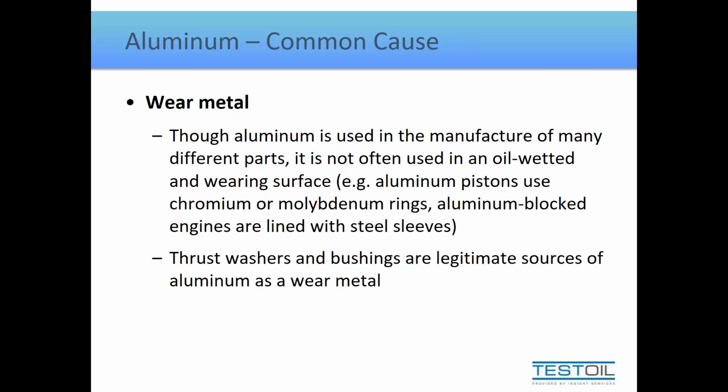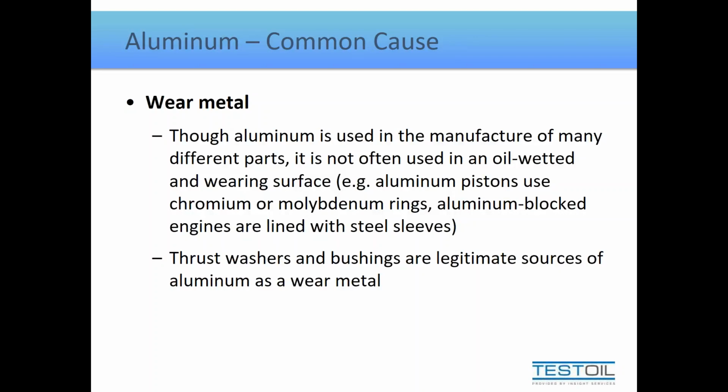So when we think of aluminum, ask yourself if it's an actually oil-wetted and wearing part, because aluminum can be used in a lot of different components that are not meant to necessarily be wearing parts, and sometimes they're not even oil-wetted. They're just lightweight parts used as casings outside of other things.